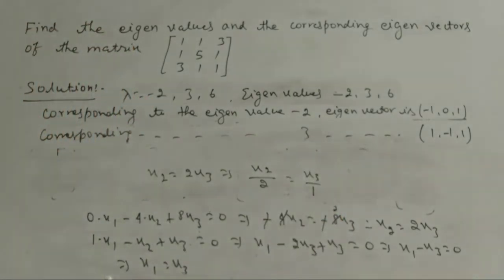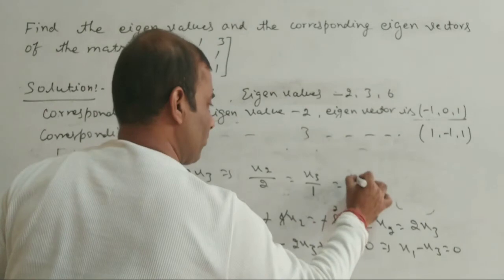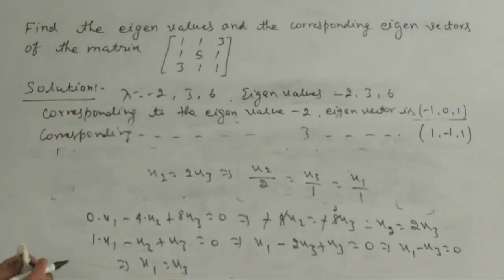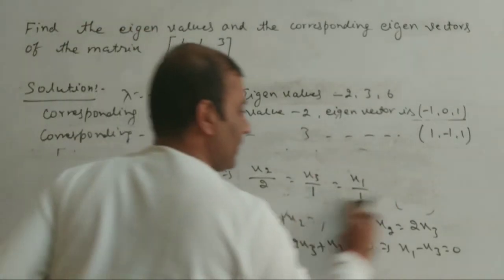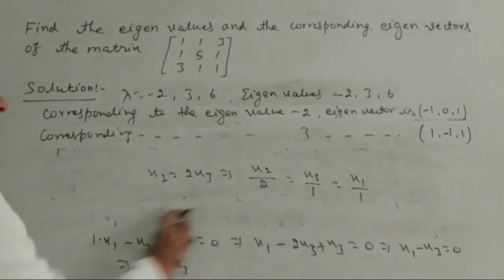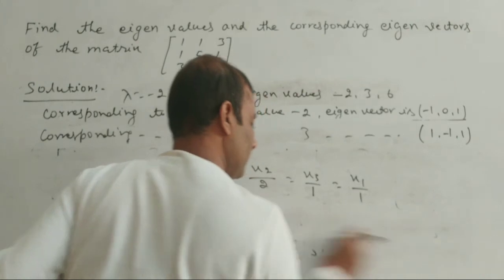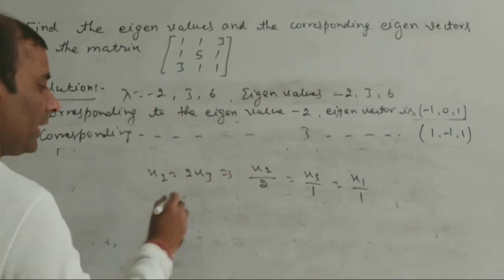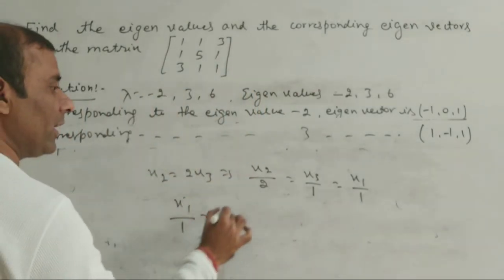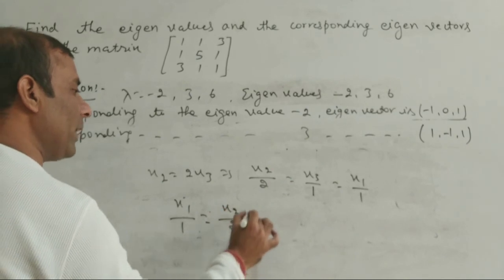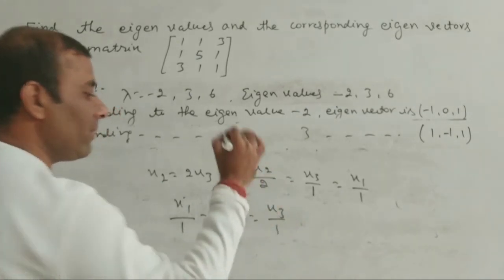Now x1 equals x3, so put here x1 upon 1, when you write it in proper order, then we have x1 by 1 equals x2 by 2 equals x3 by 1.